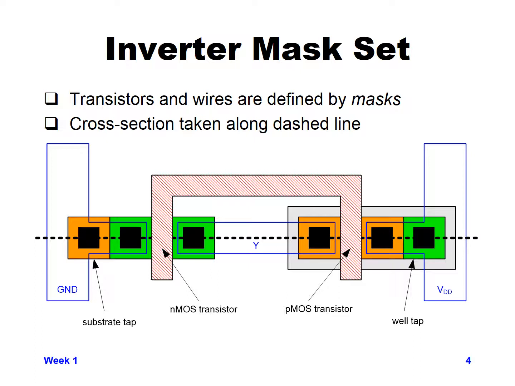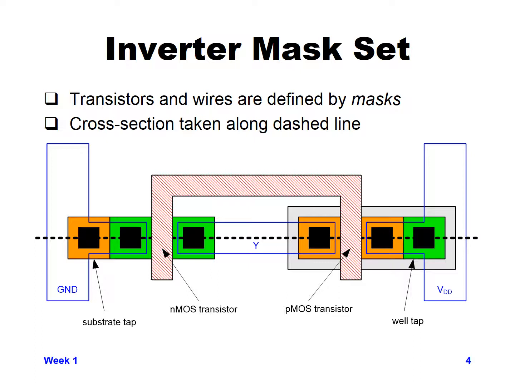So first of all, starting from the left-hand side, we're going to need some metal that will basically connect to ground. So that's the blue region that's drawn out on the left-hand side, which is called ground. And you can see there's two other blue regions that are drawn out.